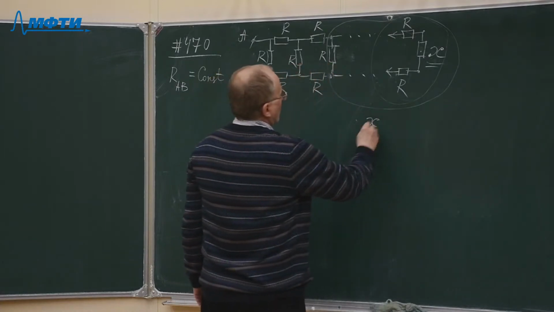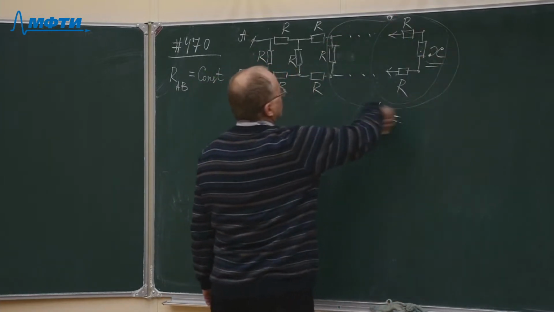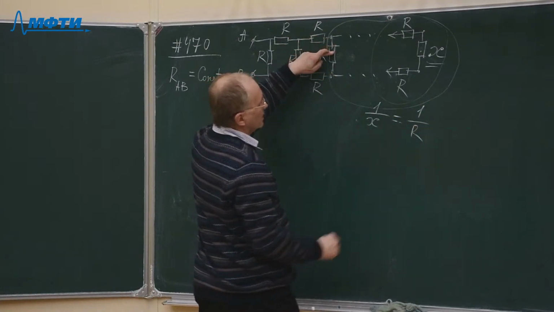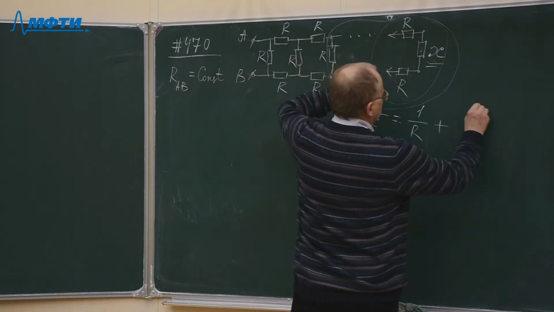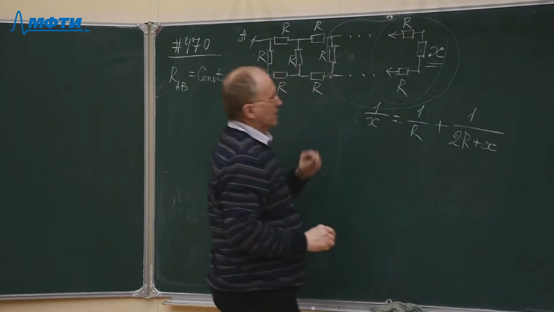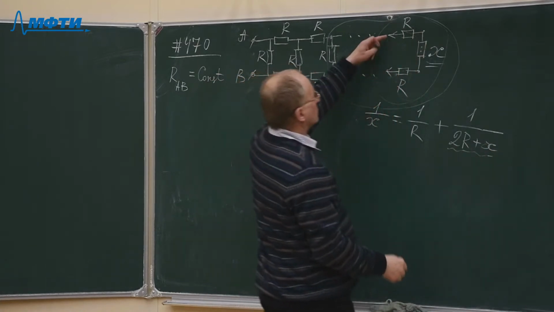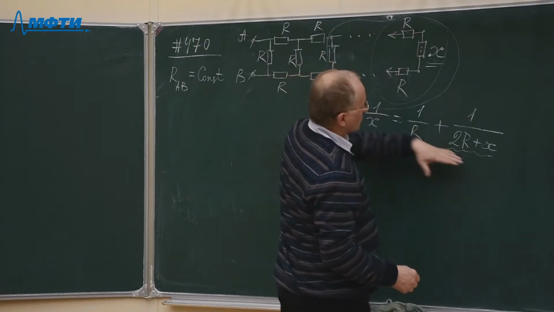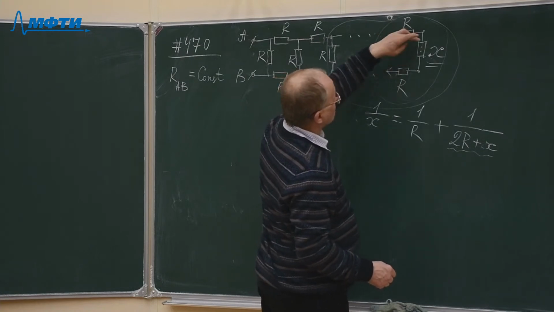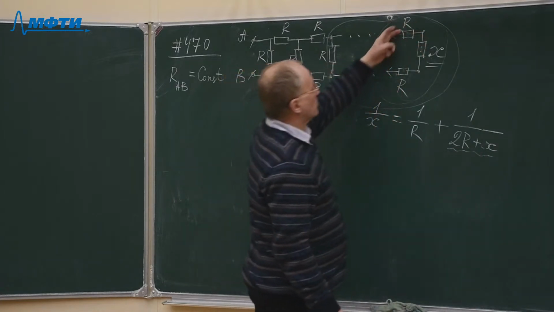In a parallel connection, 1 over the total resistance equals 1 over R, the first resistor connected in parallel, plus 1 over 2R plus X. These 3 resistors are connected in series, so the total resistance of this branch will be just 2R plus X, the sum of all 3 resistances.